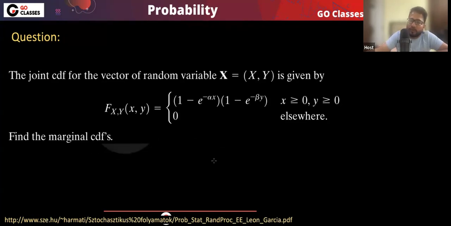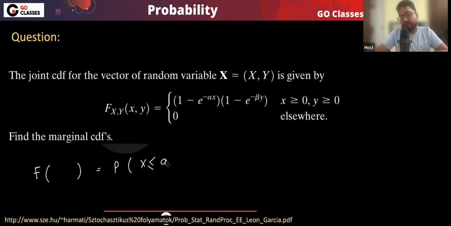If you remember, to find the marginal CDF, let's suppose the joint PMF is given. For the joint PMF, the formula is the probability of x less than or equal to some value a, and y less than or equal to b.